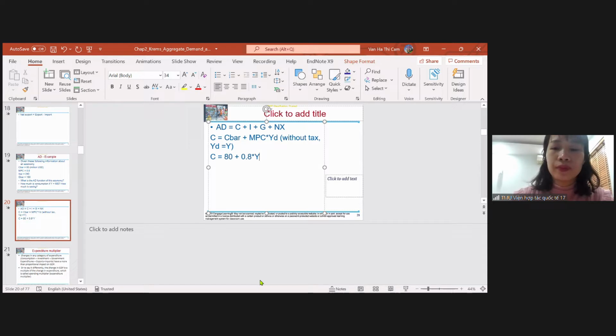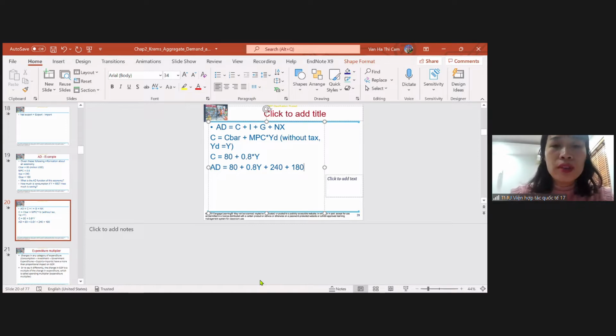We now have AD equal to 80 plus 0.8 multiplied by Y. Then we plus 240, which is I, or investment. We plus 180, which is government spending.